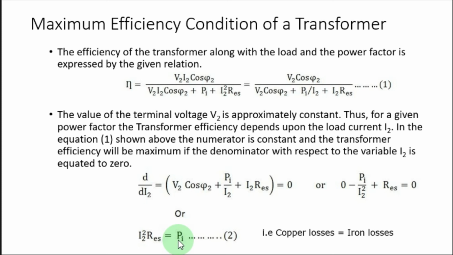Pi is actually the open circuit power, that is iron loss. This is the short circuit power, and that is the power loss due to winding resistance. Therefore, when the copper loss is equal to the iron loss, we get the maximum efficiency.